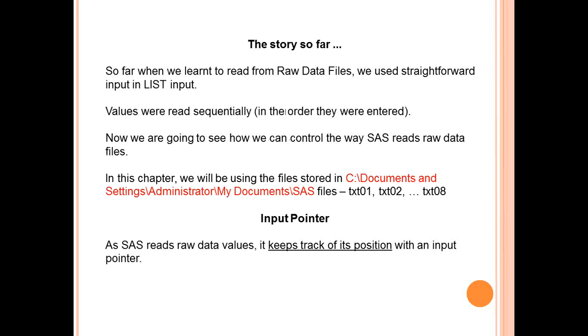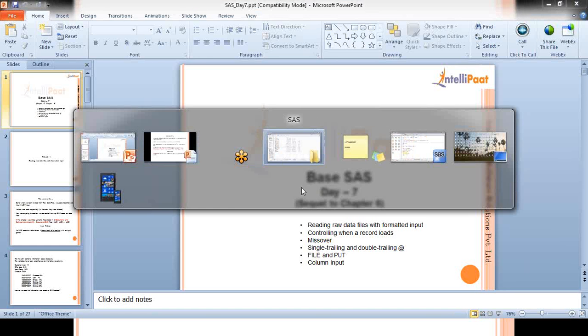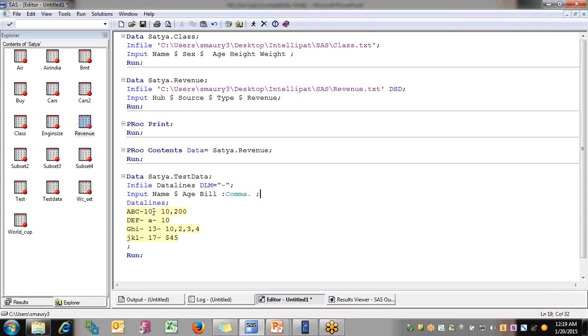Now, what we have covered so far is that we have learned to read from raw data files. We used straightforward input in list input. I can show you what we did in the last session here. We used these data lines and used the infile statement to fetch data from the text files.